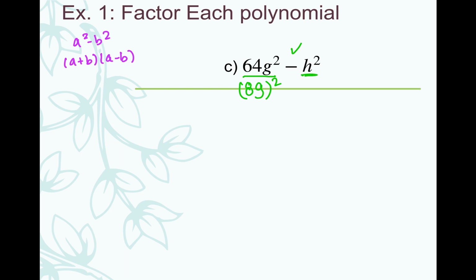And h squared, that's definitely a square, that's just h squared. So 8g is my a, h is my b. My final answer in factored form is going to be 8g plus h times 8g minus h.